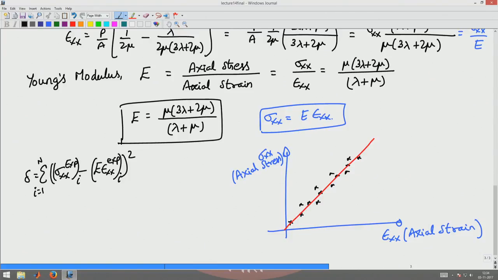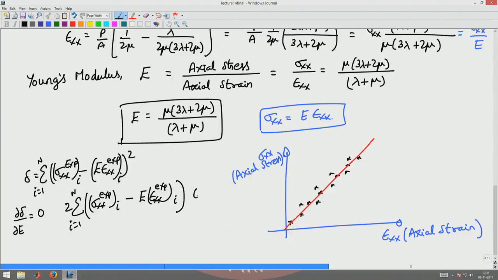Then to find E, I want to minimize this error. So, I say dou delta by dou E has to be equal to 0, which will give me essentially 2 times summation i equal to 1 to n of sigma xx exp i minus E times epsilon xx exp i, into epsilon xx exp i, equal to 0.